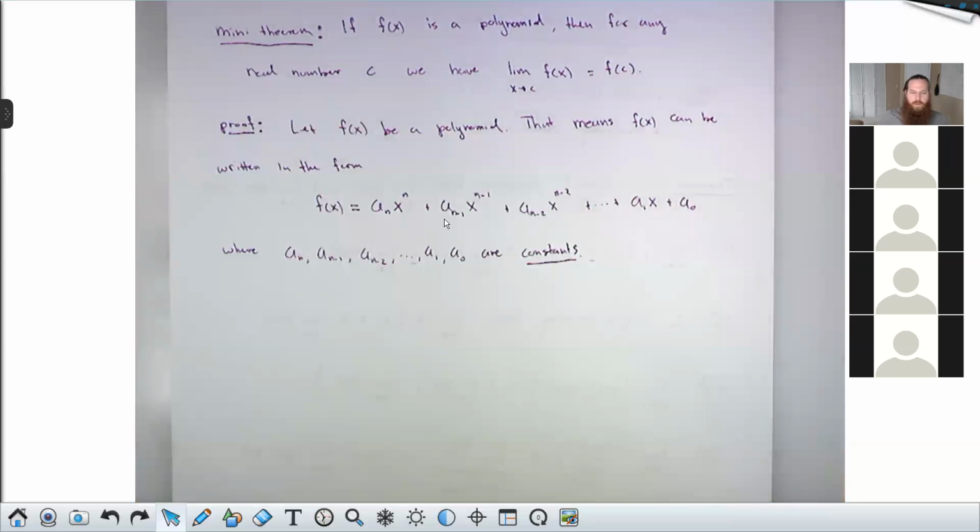Right, that's what a polynomial is. A polynomial is powers of x times constants all added up. This would be a polynomial of degree n, as long as an, this first constant, is not 0.